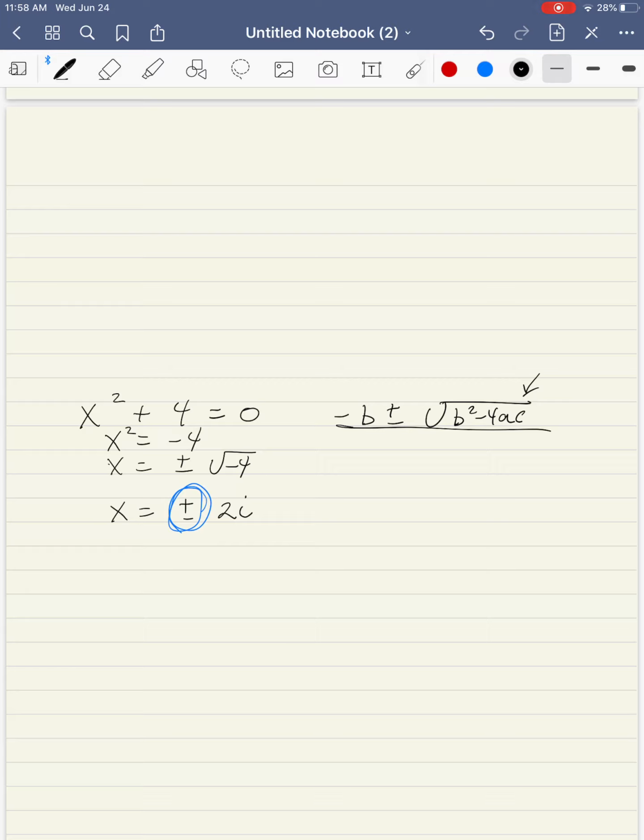And when we use the quadratic formula, if this whole part is not a real number where we can get two rational fractions, we still have this plus or minus part.